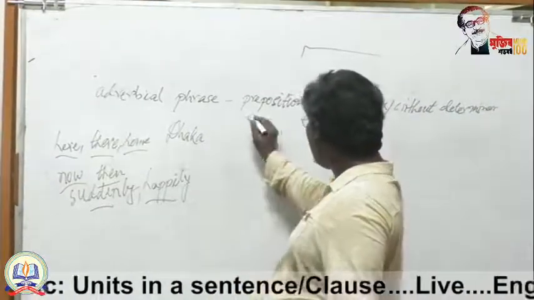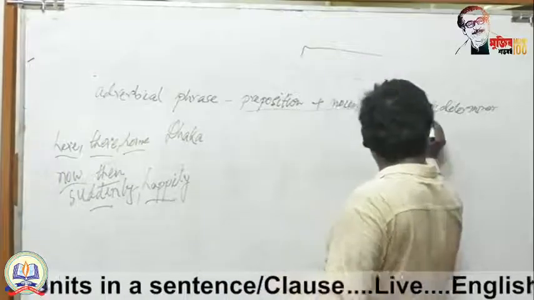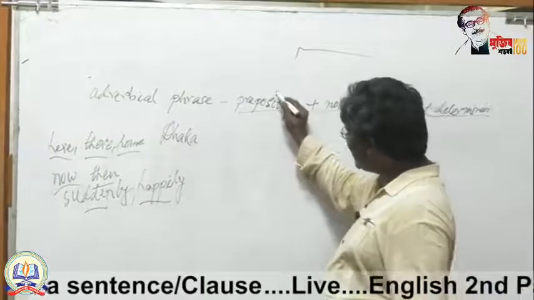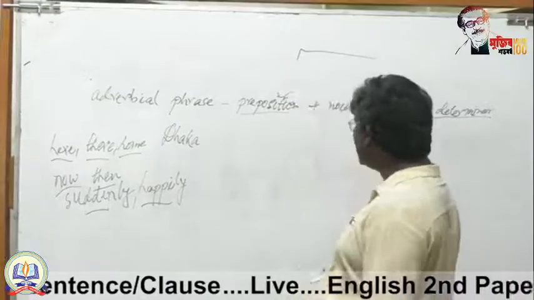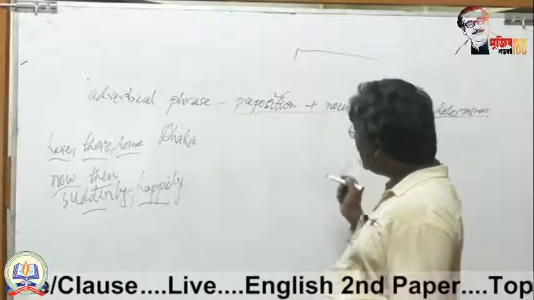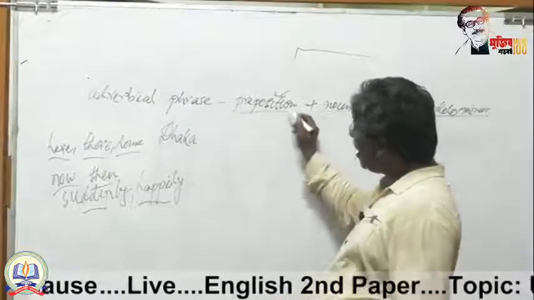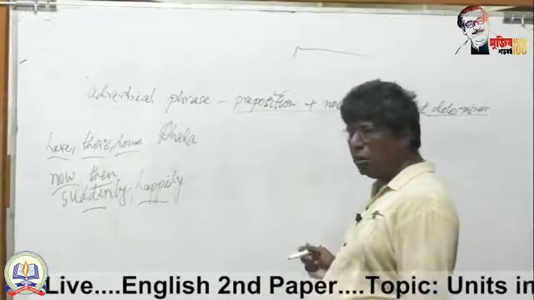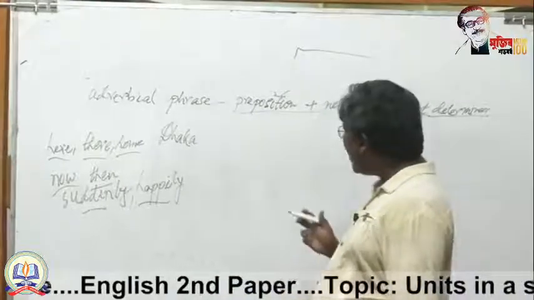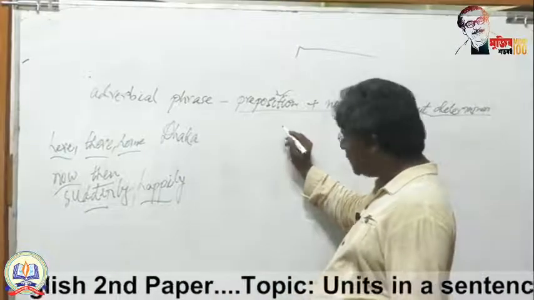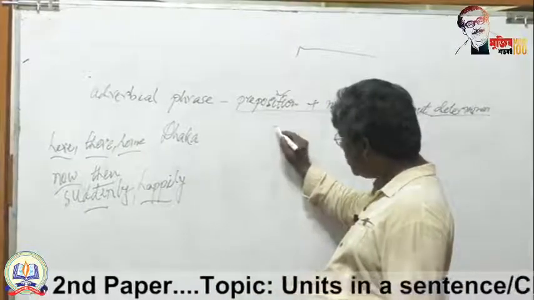When an adverb is presented with more than one word, we get the structure that a noun with or without determiner follows a preposition, and thus the adverbial phrase is made. I am showing a few more examples.